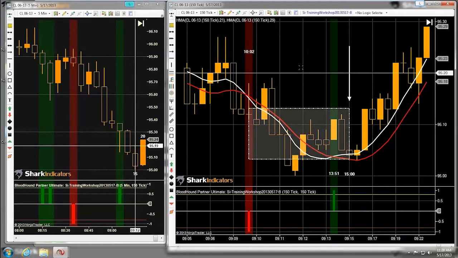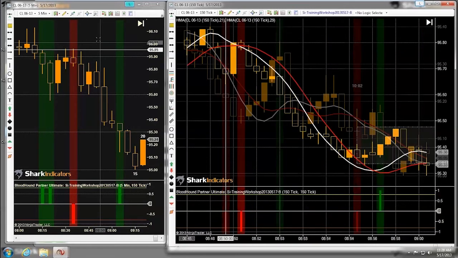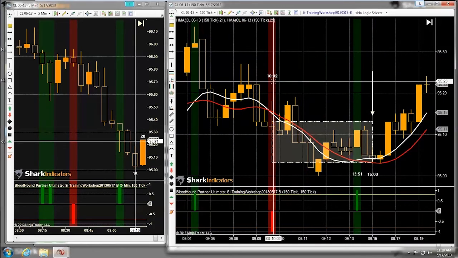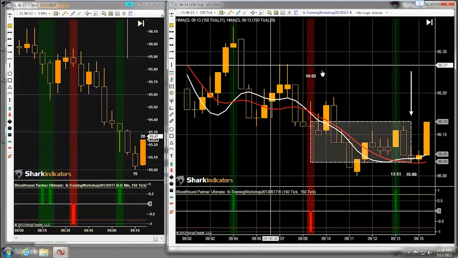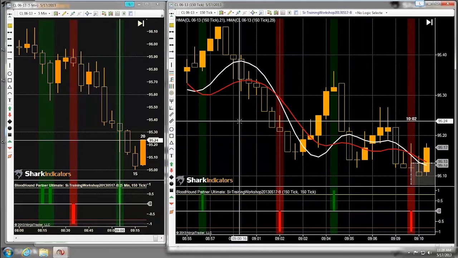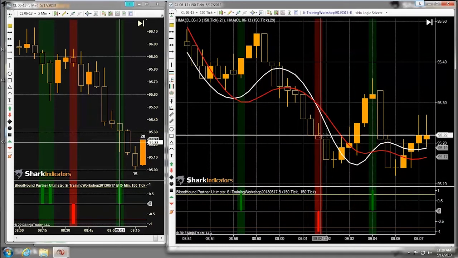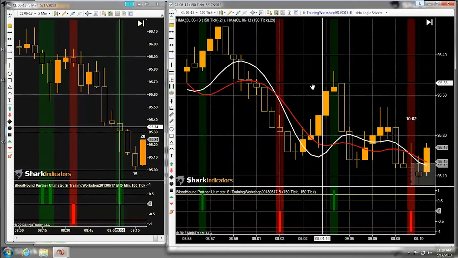It's far more difficult to work on a higher time frame chart and look to a lower time frame chart to get things to synchronize. And you'll see that once in a while they do synchronize. Let's go find one. Okay, here's a cross up. Is it this cross up? Yeah, it's this one.